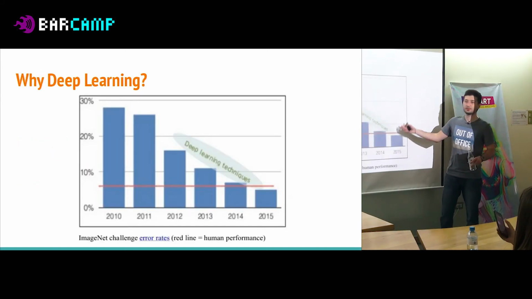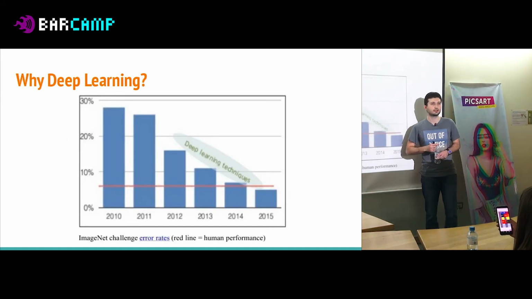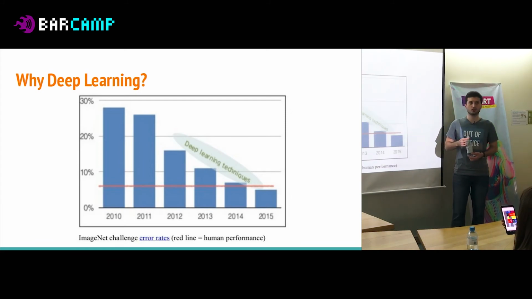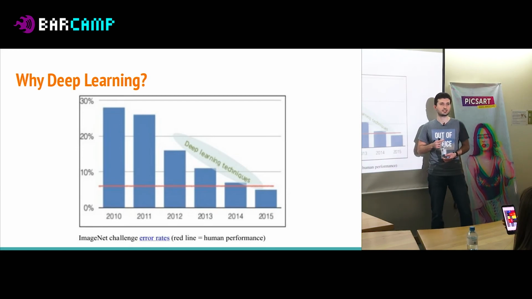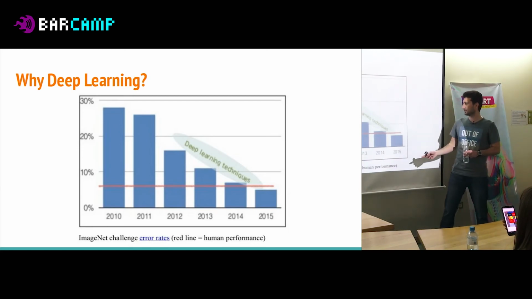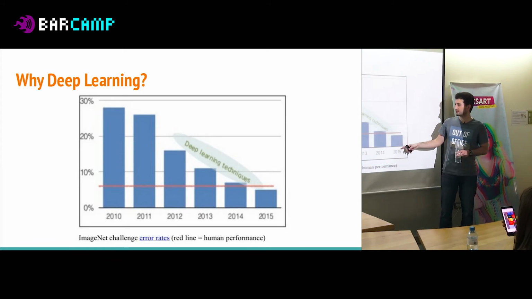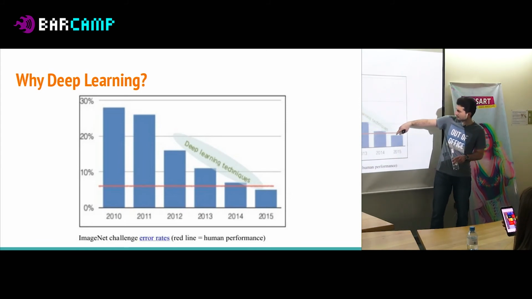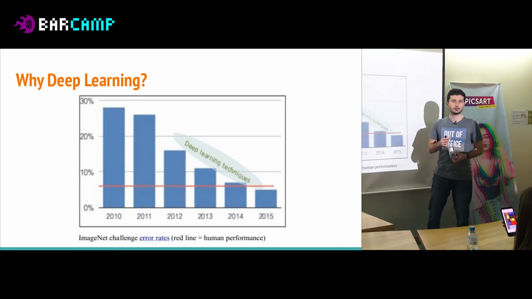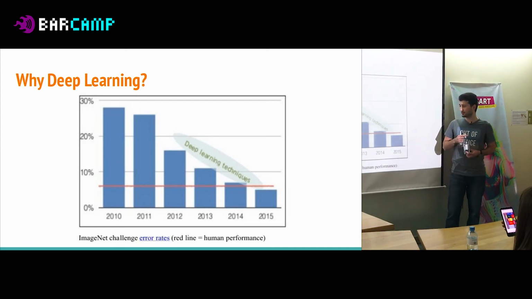OK, why did people start looking at deep learning and applying it to this problem? Because it showed some huge successes in different areas. For example, on ImageNet data, for the classification, you see during 3-4 years, there was a huge improvement achieved by just applying deep learning algorithms.